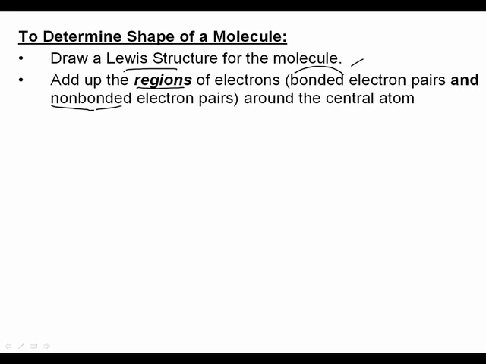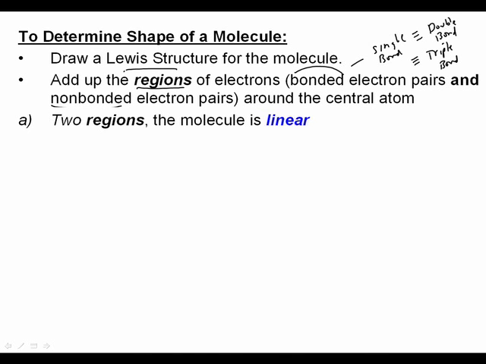And a single bond is the same as a double bond is the same as a triple bond in this case, because all we're looking at is where the electrons are. We don't care about how many, we just want to find the regions. If there are two regions of high electron density, the molecule is going to be linear.